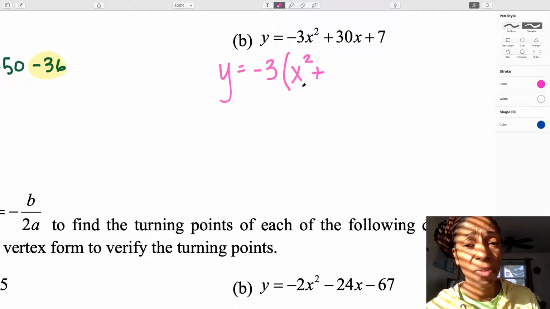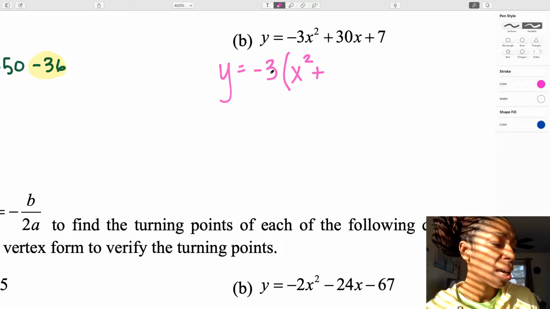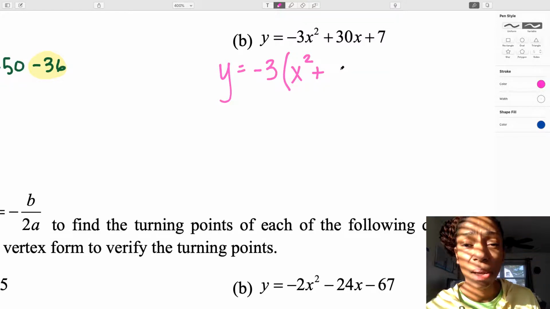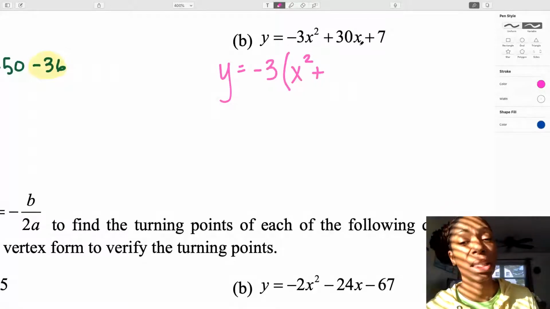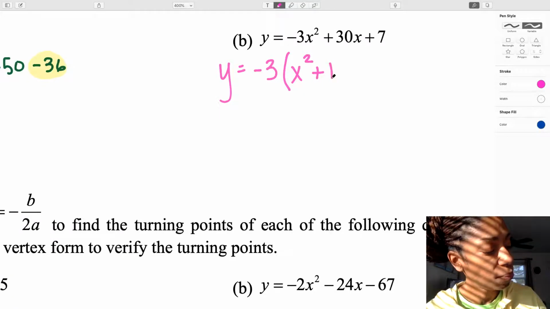So if we factor out a negative 3 from these first two terms, it's going to be negative 3 times x squared plus negative 3 times, well, I'm definitely not going to put 30x. I have to think, negative 3 times what will give me 30x? 10x.